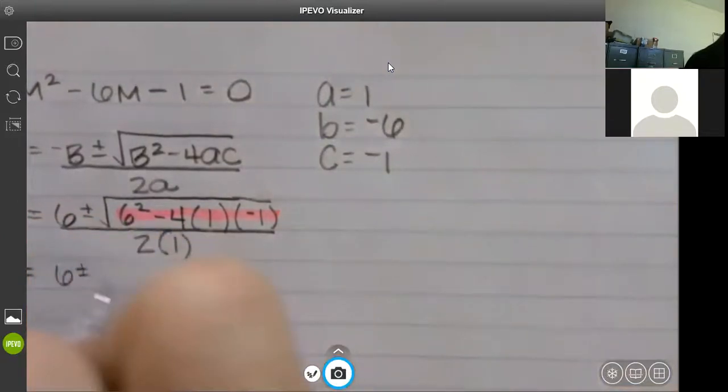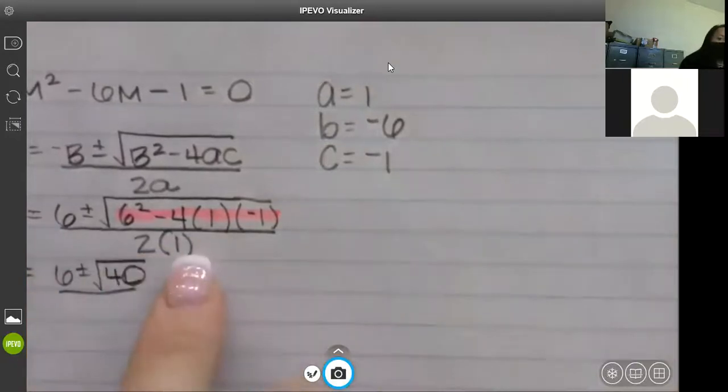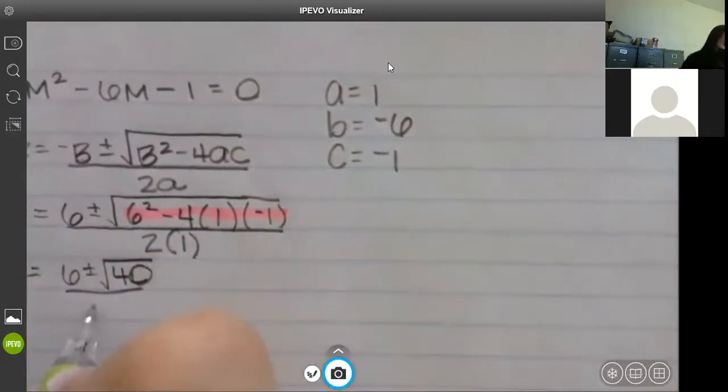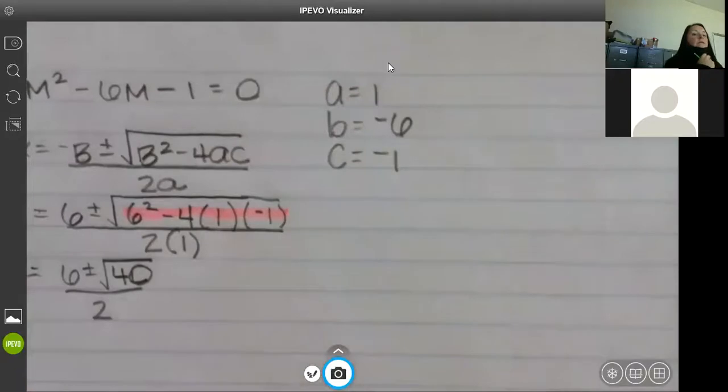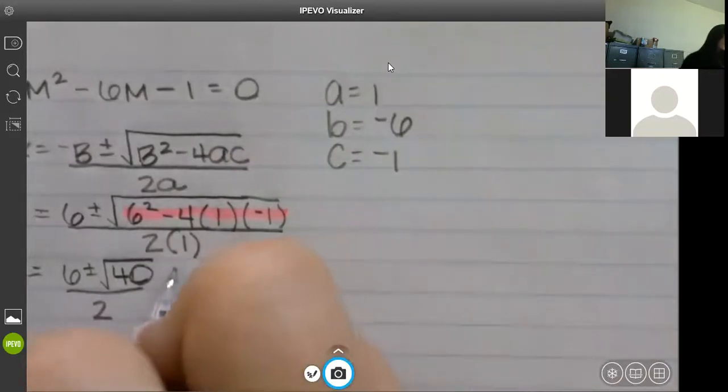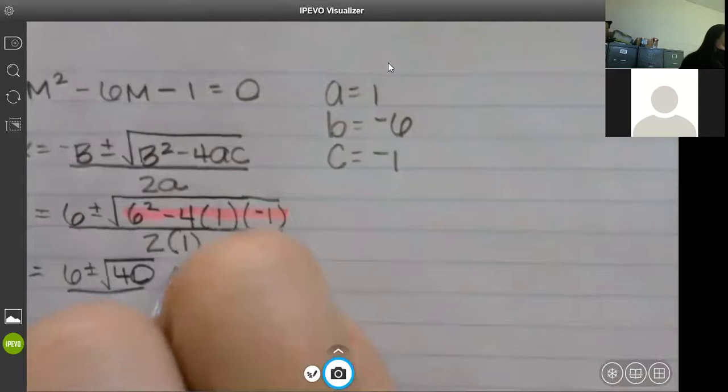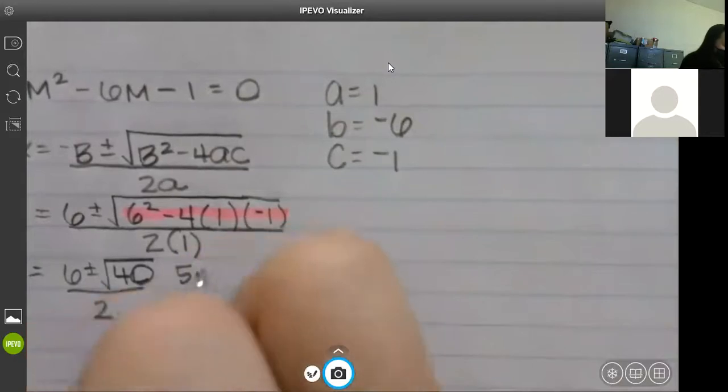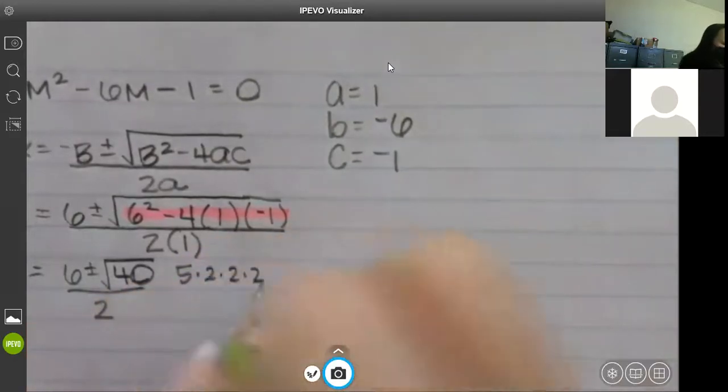So I'm going to replace it. 6 plus or minus square root of 40. And what is 2 times 1? 2. From here, it should break down and simplify. You've done all the hard work. What are your factors of 40? 5 and 8. 8 is 2, 2, and 2, right?